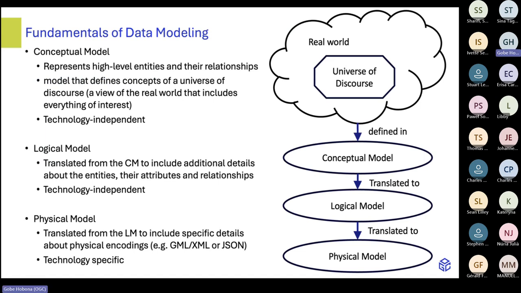GeoSciML as a standard defines a logical model. It therefore follows some of the fundamentals of data modeling, in the sense that you start off with a conceptual model, you then move on to a logical model, which is translated from the conceptual model, and then ultimately you arrive at a physical model, which is effectively translated from the logical model.